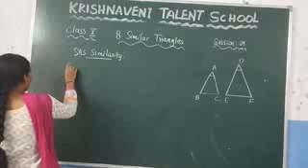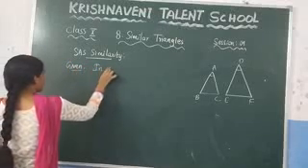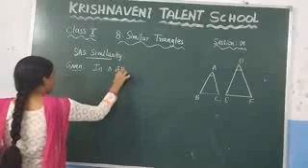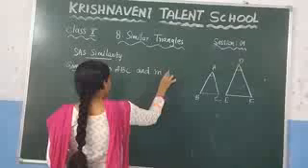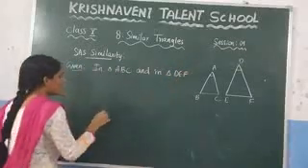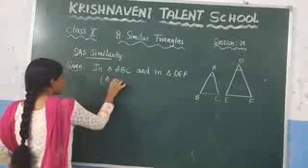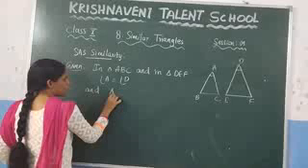So here, given, in triangle ABC and in triangle DEF, angle A is equal to angle D and the included sides are proportional.